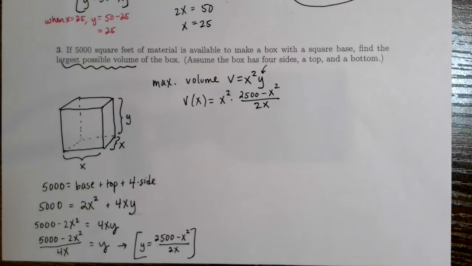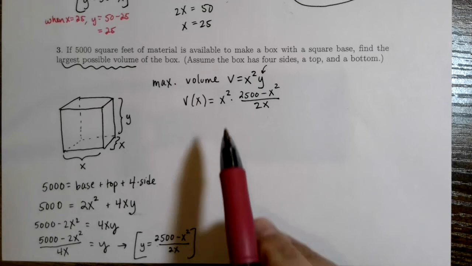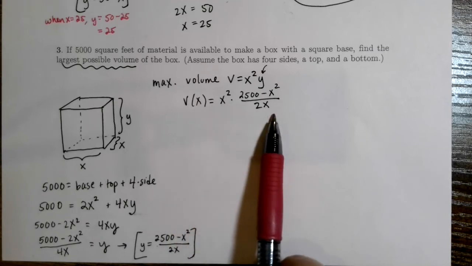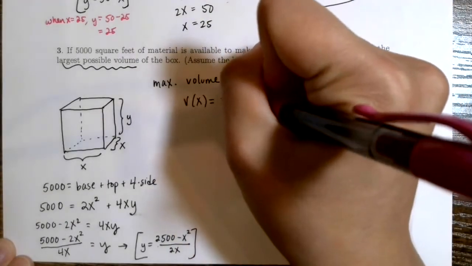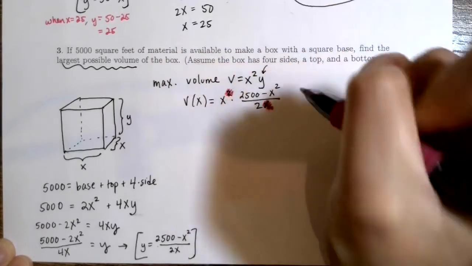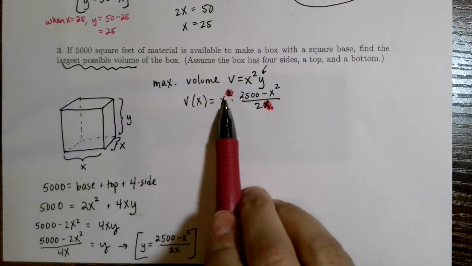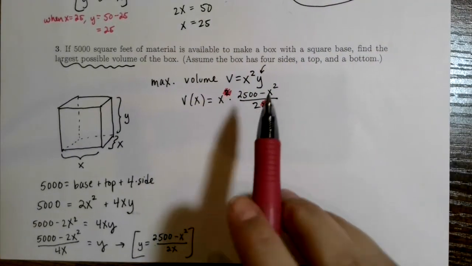That always starts by finding the critical numbers, so we need to compute the derivative. I want to simplify this as much as possible before I start taking the derivative because it's so yucky looking. So one thing to notice here is that this X squared and this X down here, there's some cancellation. So we have X, and then this over 2 is like a times a half.